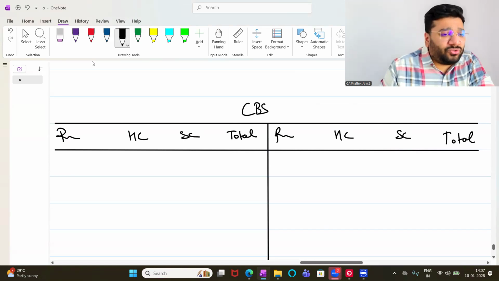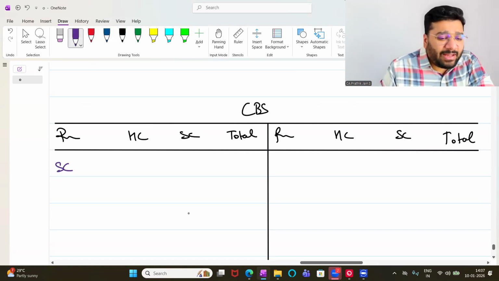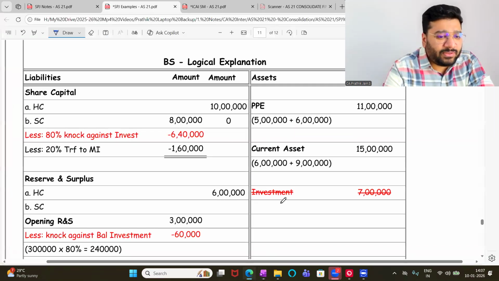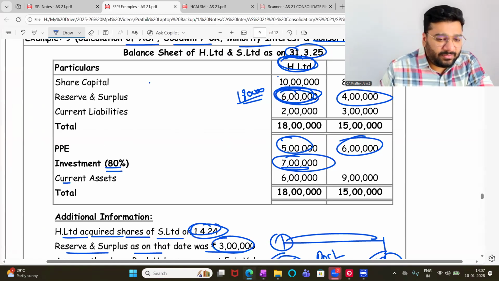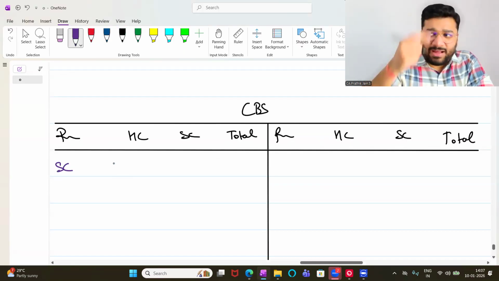Oh tell me, share capital first, holding company share capital, you take a photo of this.